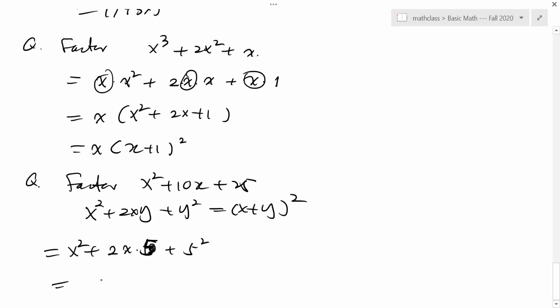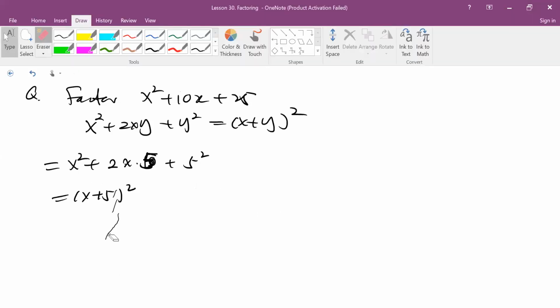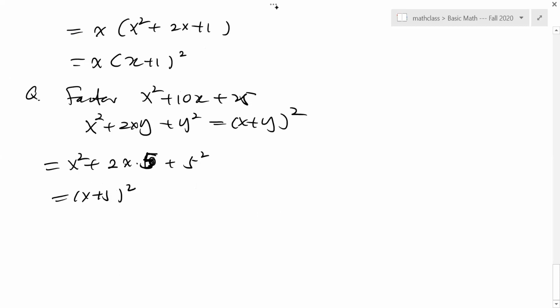So that's why x plus 5 squared. Good job.